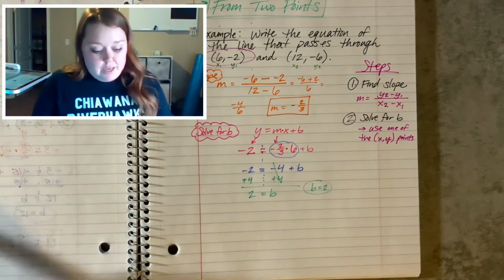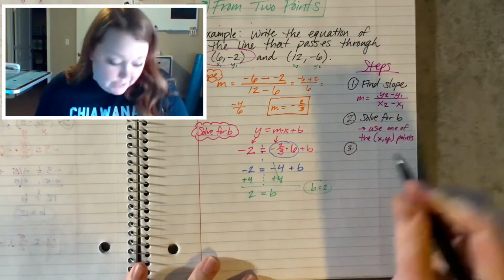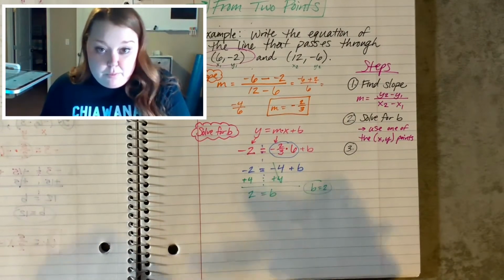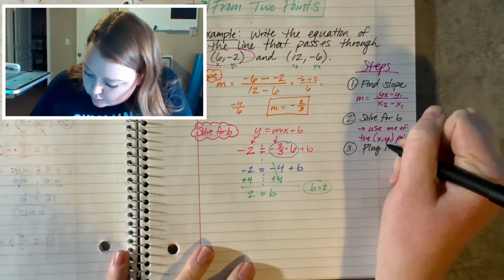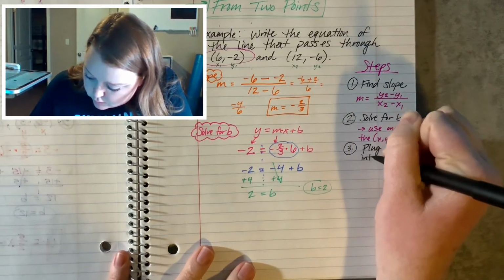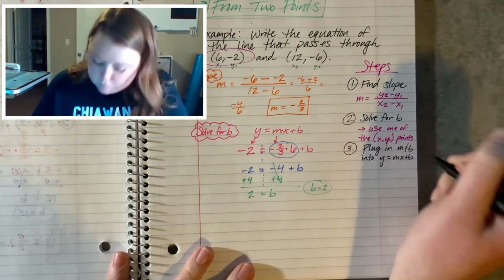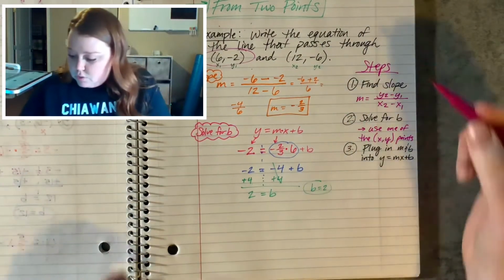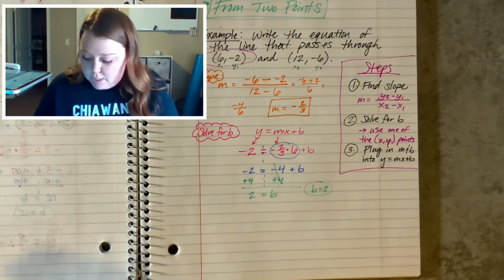The last step here, my friends, is to just plug in your m and b into the equation. Plug in m and b into y equals mx plus b. Okay, here's your steps. We do need to make sure we do that last little thing though.